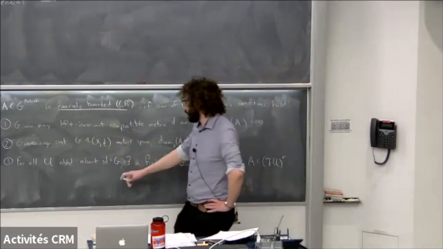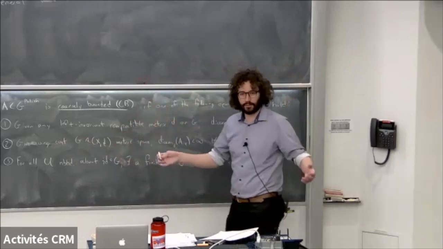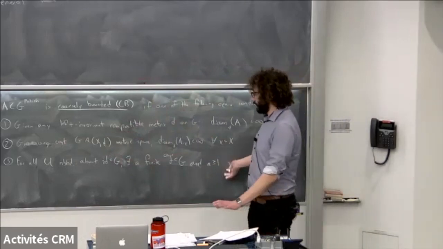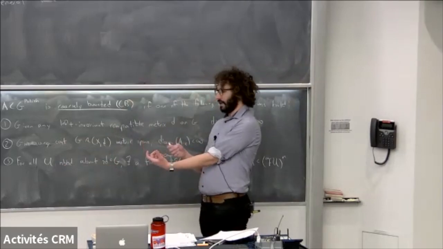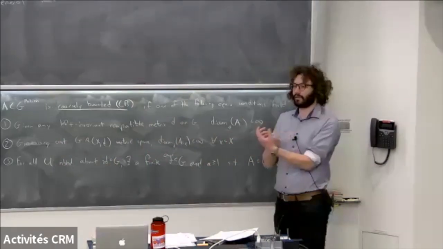And this third one, these two are kind of, how would you ever check these conditions? You need to consider all possible metrics on your group or all possible actions on metric spaces. This next one is the one you can actually check. And what does it say? It says that if I hand you a neighborhood about the identity, then you can find finitely many steps so that you can cover the whole set.